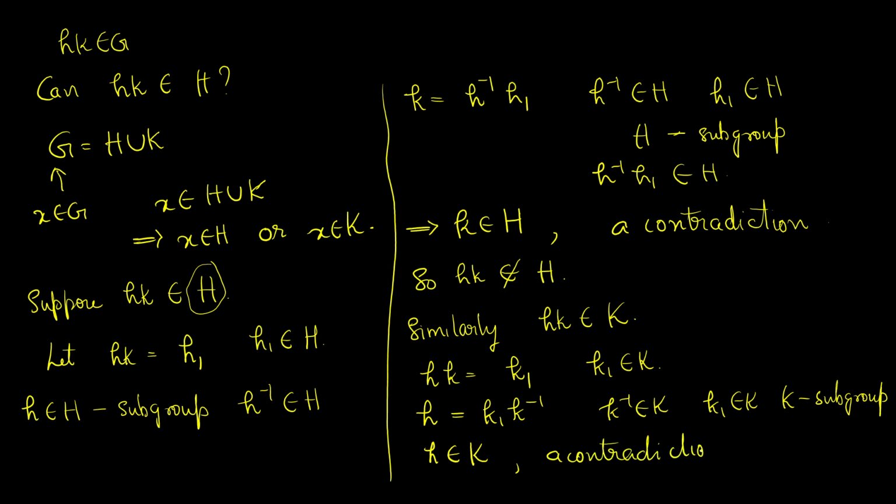Because we started with the element H such that H is not in K. So what happened? Here we have that HK is not in H and HK is not in K. So HK cannot be there in H union K.